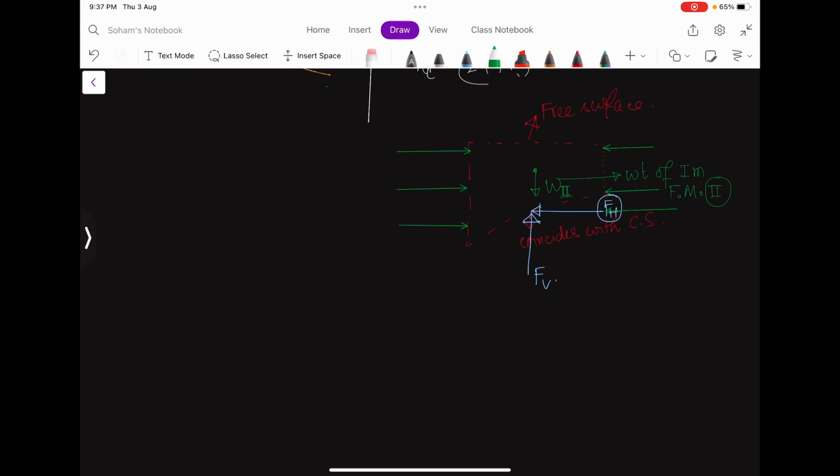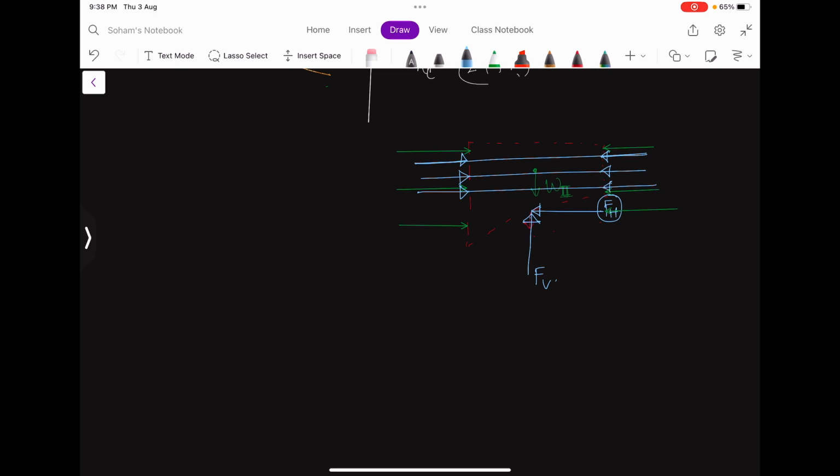Now, similarly, I am just removing these words for clarity, because I hope you have either written or understood. At all these levels, I have the pressure force acting in this direction and also in this direction, so they will cancel out each other, right? They will cancel out each other.